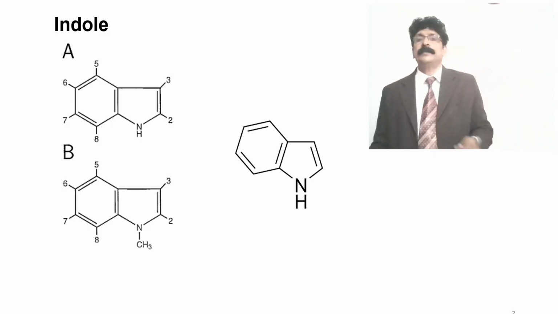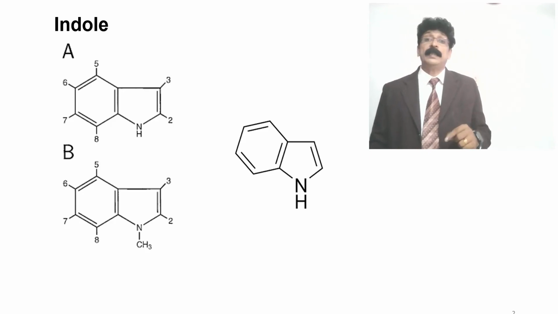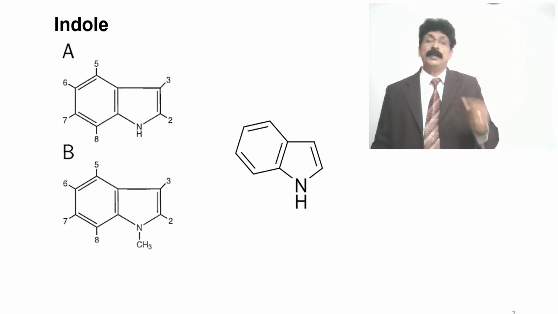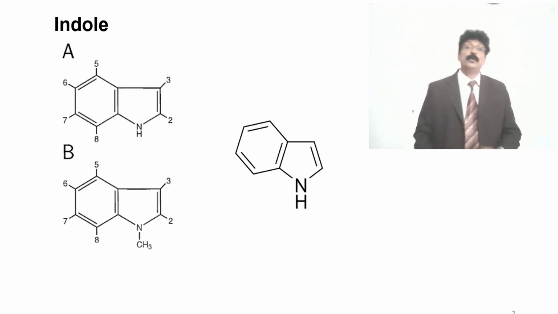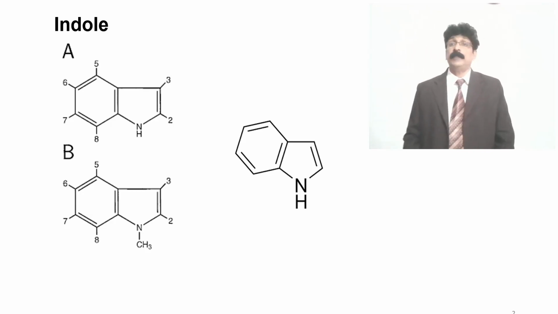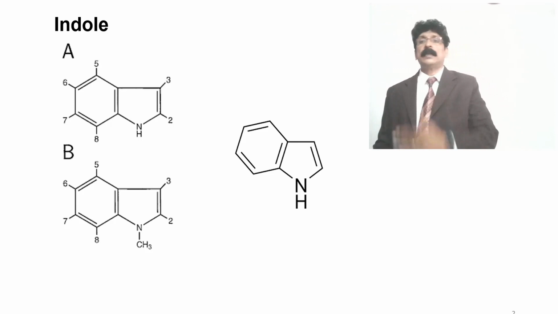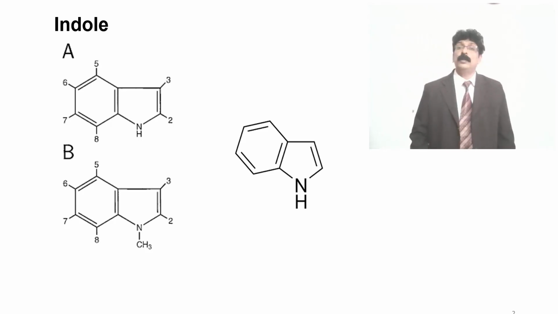So in that 6-membered and 5-membered ring with nitrogen, as shown in the picture, you can see very clearly A and B. I have given a substitution of CH3 on the nitrogen, an N-substituted methyl group, which is there most of the time in the structure, and other structures will be joined with this indole structure for secondary metabolites in plants.